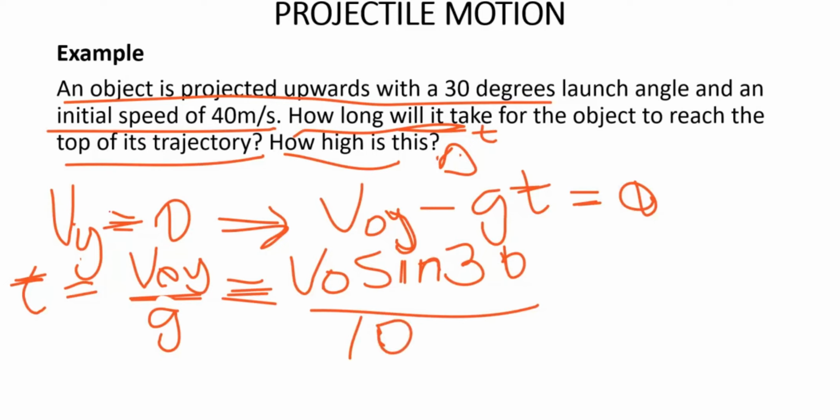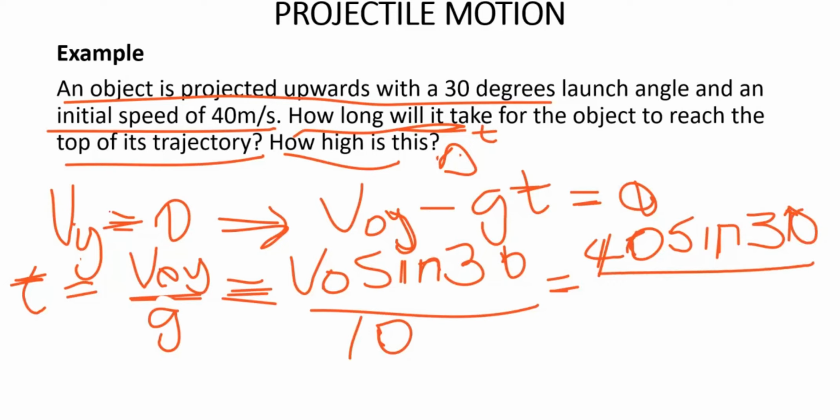So therefore, the value of t will be equal to, V0 is 40, so 40 sine 30 all over 10.